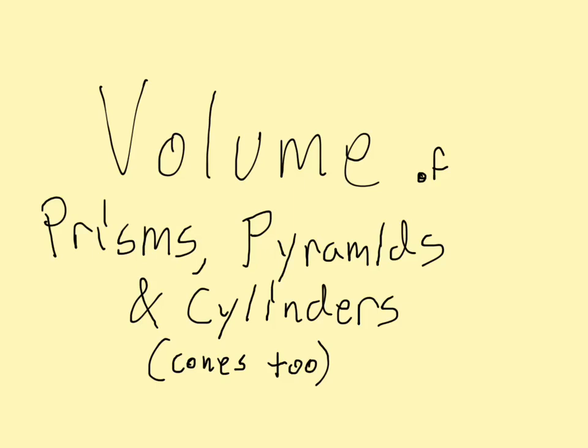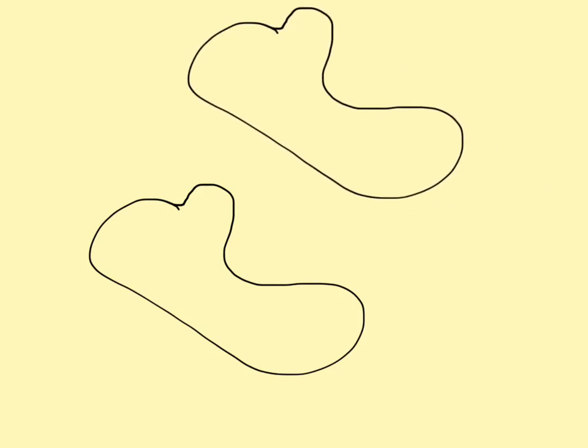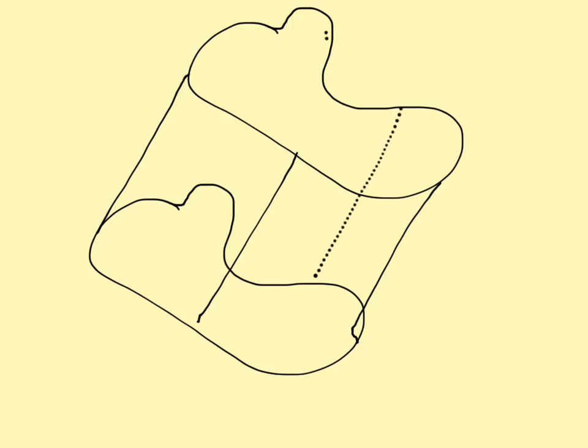Any prism, or any shape that's like a prism, as long as you have some shape, it could be even this weird shape like this, and it's acting like a prism, meaning that there are two bases that are parallel to each other and connected straight along the pieces, and on the back side we have here connected to here.